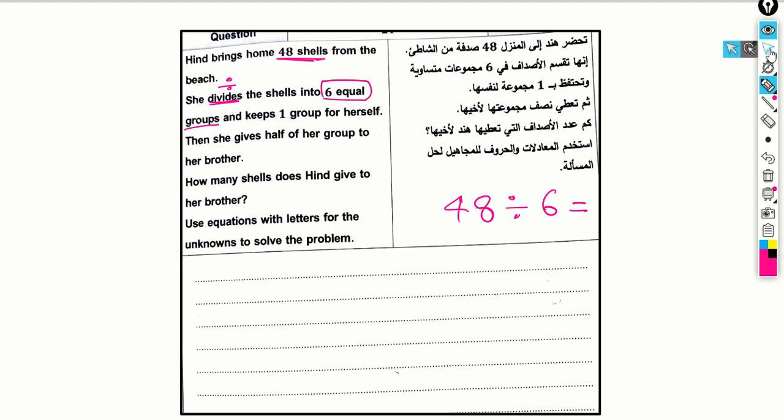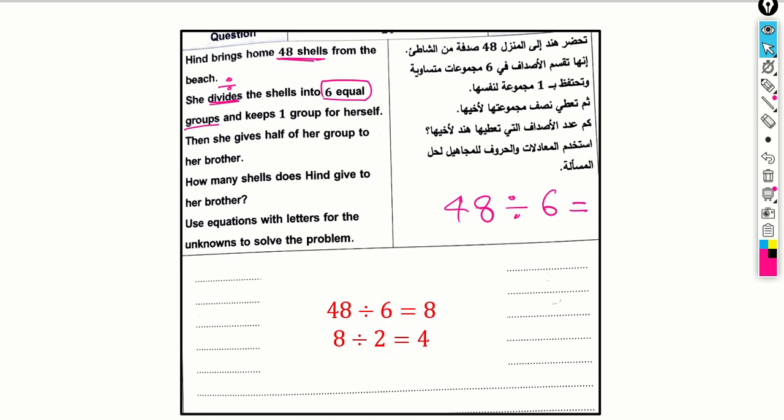So think about it and try yourself. I'll display the answer on the screen in a few seconds. Pause the video and then try. So here if you solve, this will give you 8. Now she gives half. What is the meaning of half? This is 1 over 2.